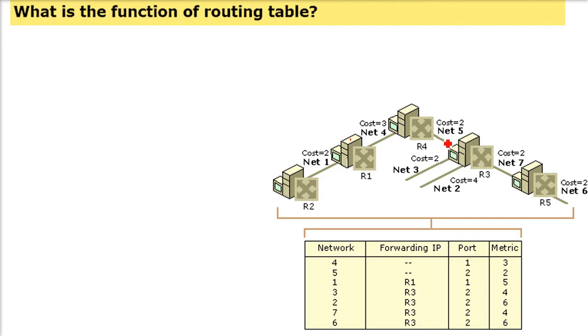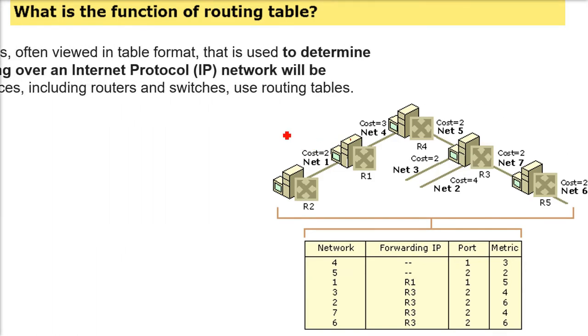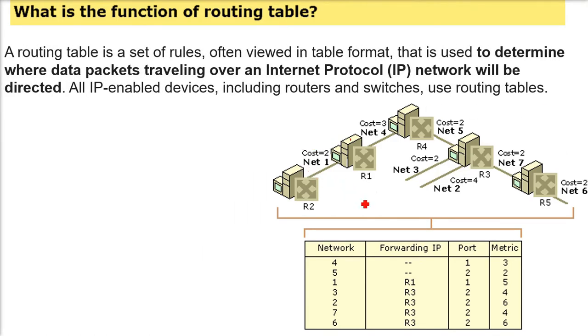So there has to be some kind of organization. The metric also has to be known. You have two systems or two routers. Which router should the data be sent to? For that we make a table. Every networking device makes a table, and that table is called the routing table.